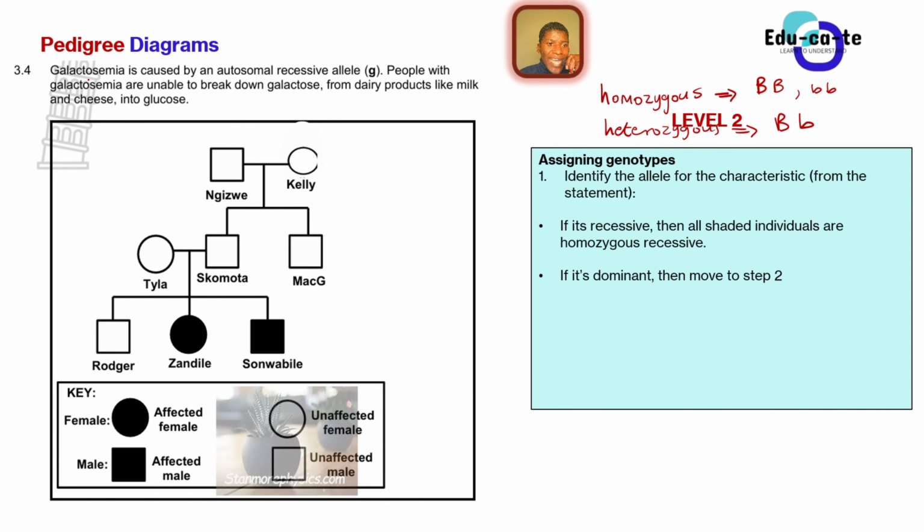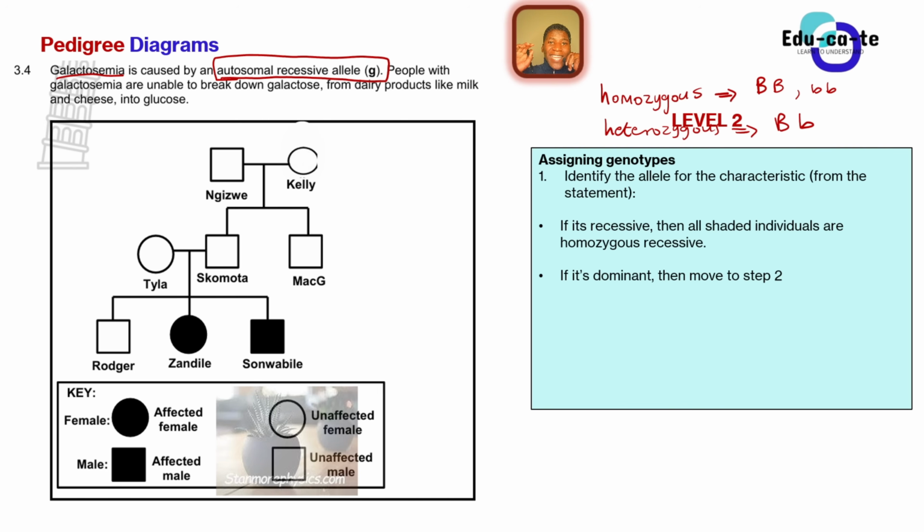Here it says, galactosemia is caused by an autosomal recessive allele. You have identified that the allele causing this condition known as galactosemia is a recessive allele represented by small letter g. Now it further says people with galactosemia are unable to break down galactose from what? This is not important. We're not doing physiology here.